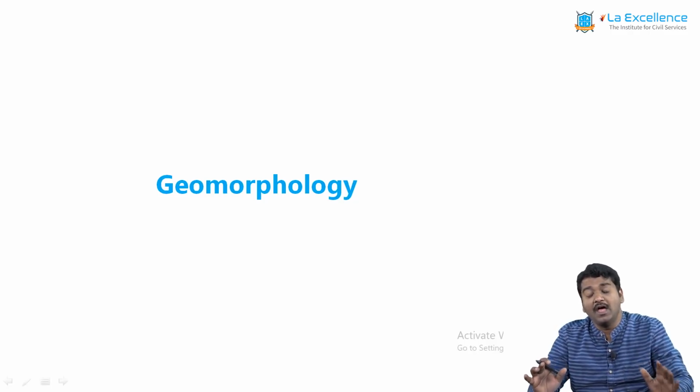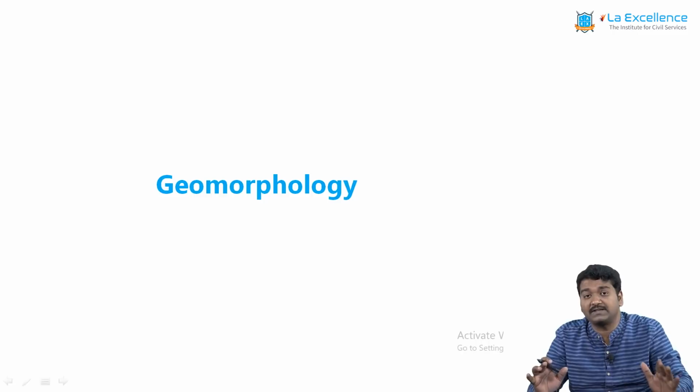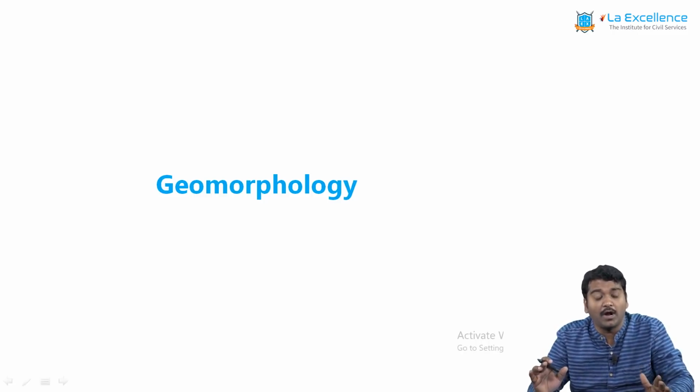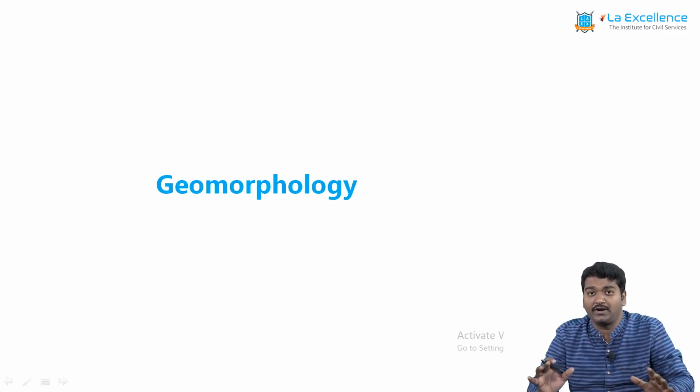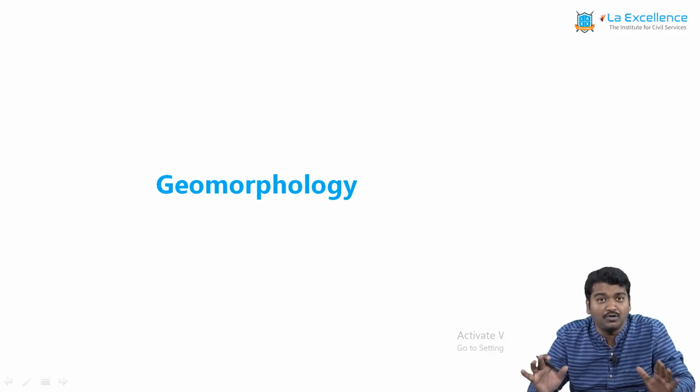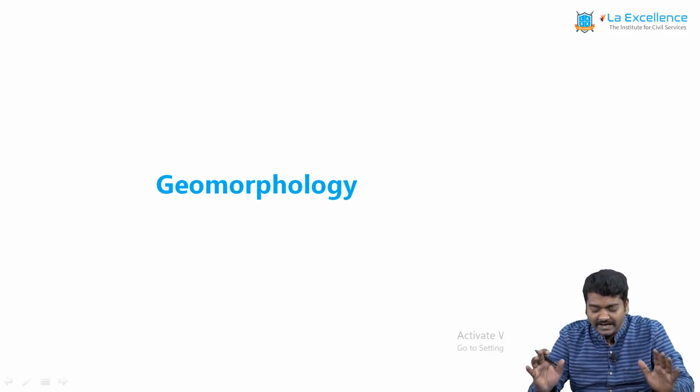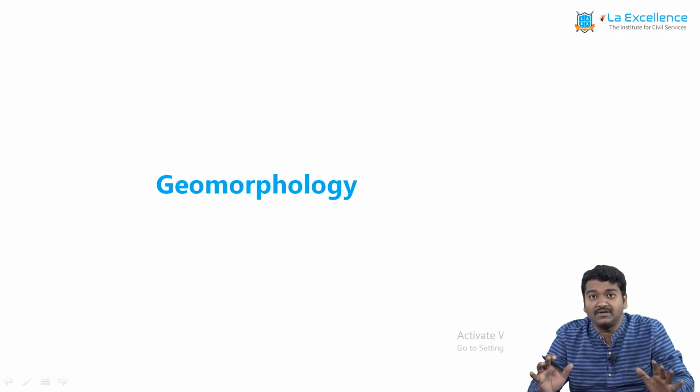For example, if the question is for 20 marks, you can score above 16 in geomorphology, because if you write to the point, there is no scope for them to cut the marks. So in the next 10 minutes, we will see how exactly you need to approach the geomorphology paper.